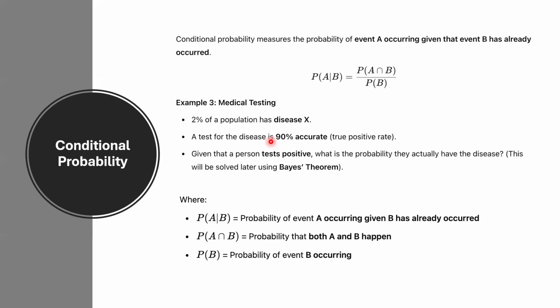The probability of event A occurring given B has already occurred will still be P of A only, because if A and B are independent events, the occurrence of B will not affect the occurrence of A. So P of A given B will be P of A only if A and B are independent events.